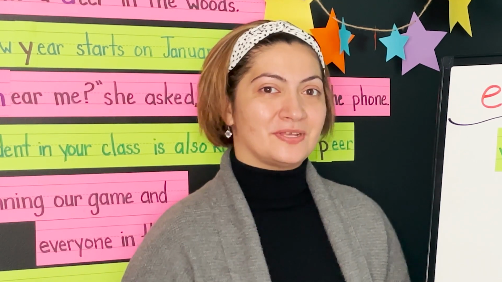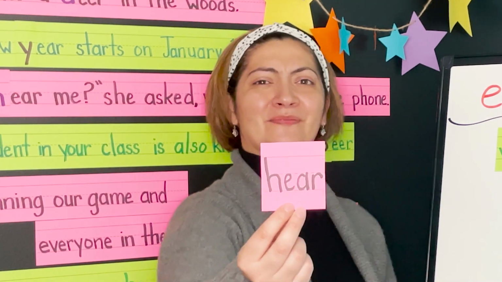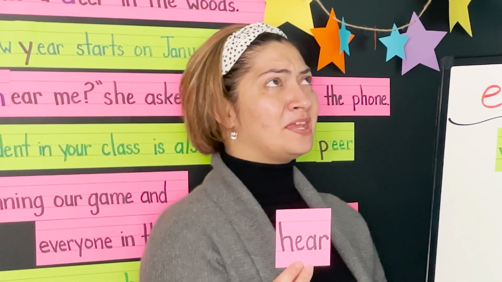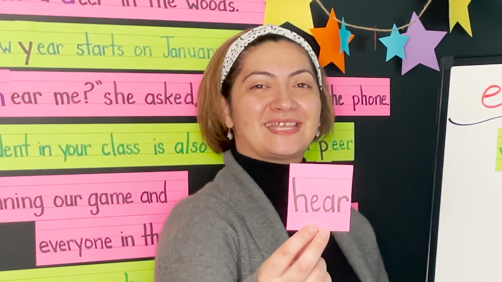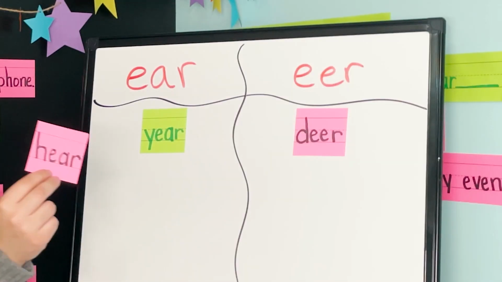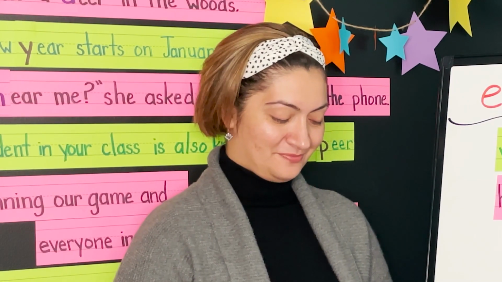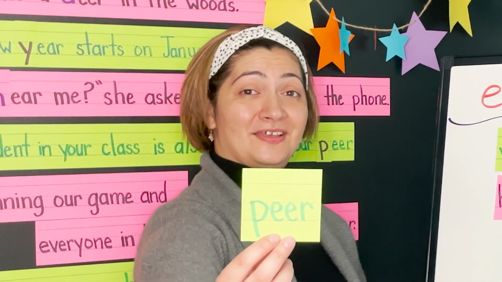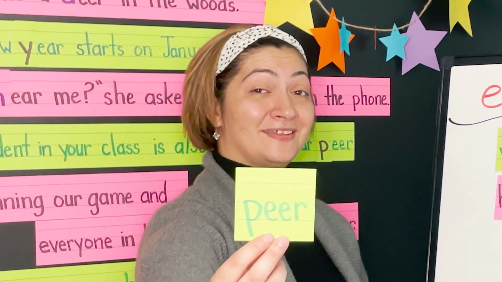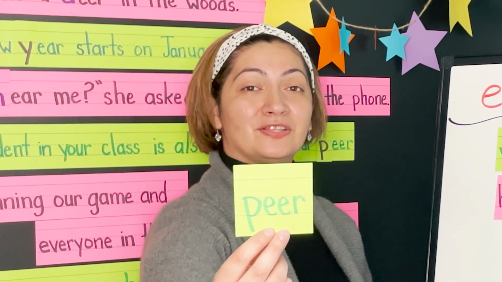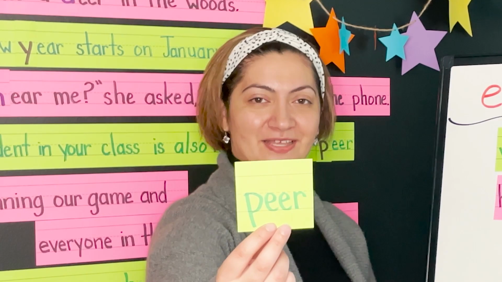Our next word was hear. Yeah, remember when she was on the phone? Can you hear me? Which side? E-A-R. All right. And a peer, someone else that you work alongside, maybe someone in your classroom.